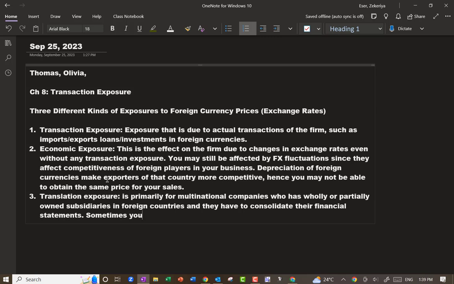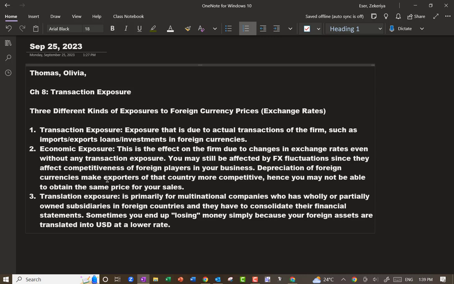Sometimes you end up losing money simply because your foreign assets are translated into US dollars at a lower rate.